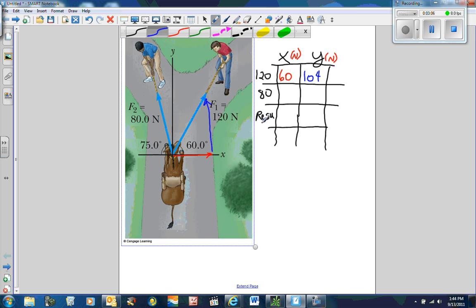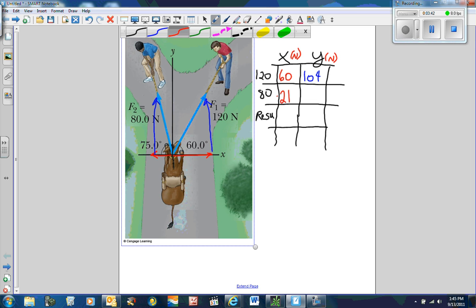The next part is this one over here, which also has an x value and a y value. To get my red value, again, it's cosine. This is adjacent, so I'm going to say 80, that's hypotenuse, times cosine of 75. If you do the math in your calculator, that gives you a 21 Newton force in the x direction.